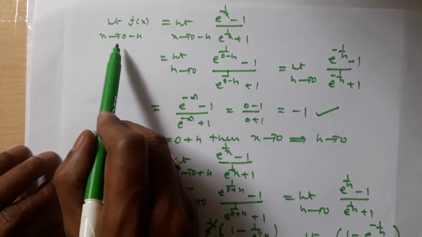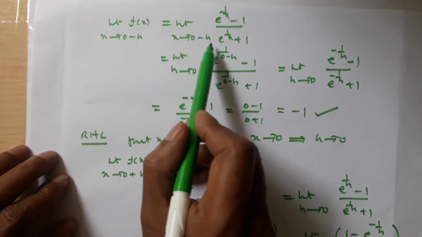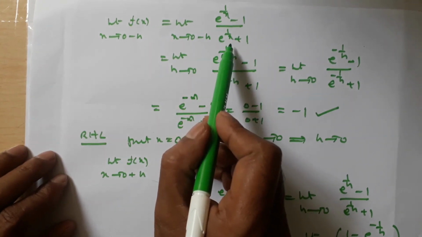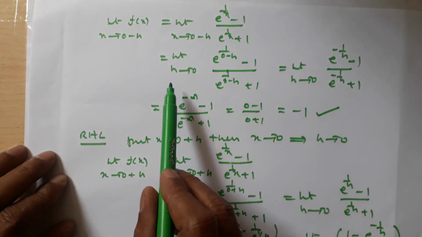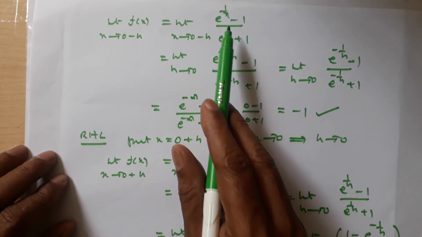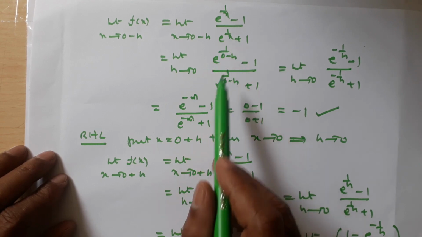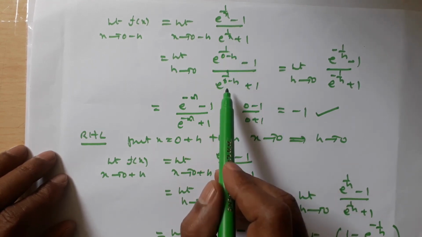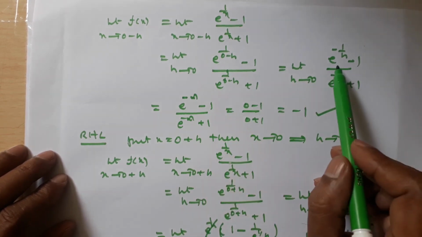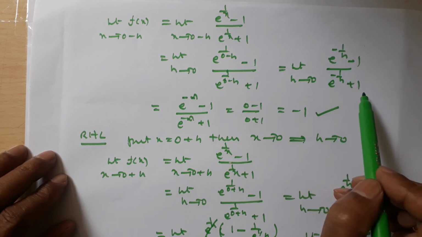Limit f of x as x tends to 0 minus h is equal to limit x tends to 0 minus h of e power 1 by x minus 1 divided by e power 1 by x plus 1. This is the given function. Is equal to limit h tends to 0 of e power 1 divided by (0 minus h) minus 1 divided by e power 1 divided by (0 minus h) plus 1, which is limit h tends to 0 of e power minus 1 by h minus 1 divided by e power minus 1 by h plus 1.